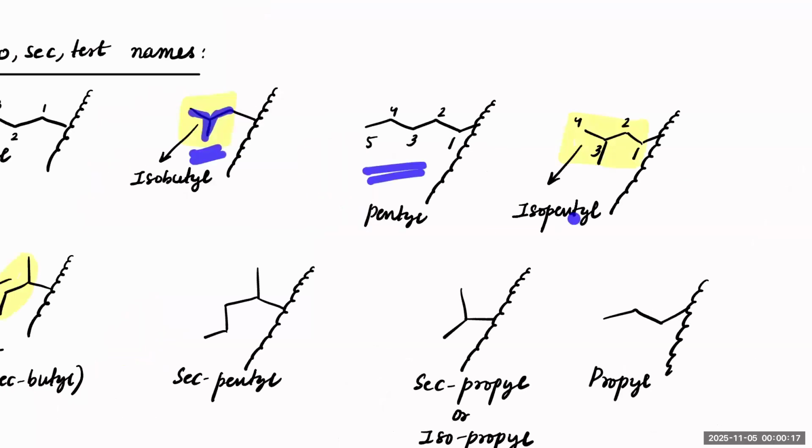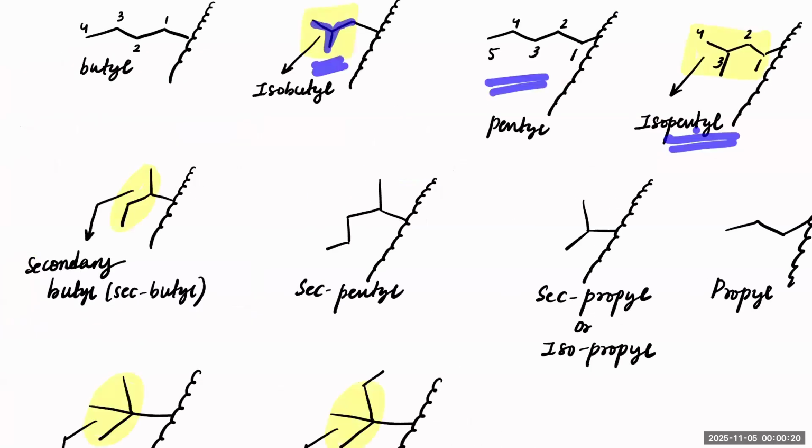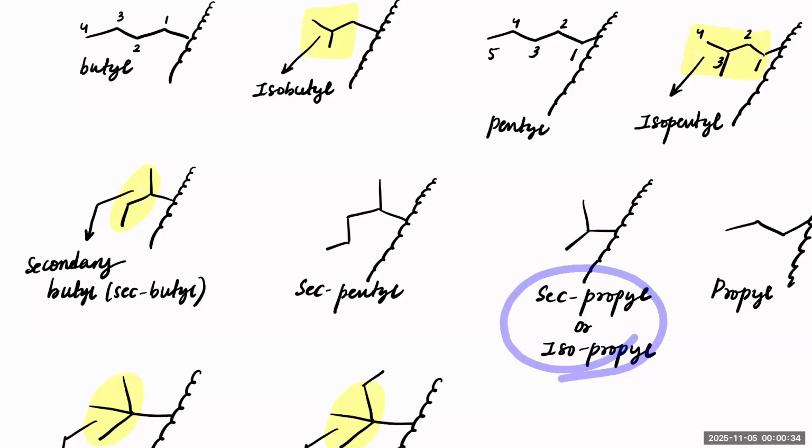This one is isopentyl. Next we have secondary butyl here. So we can call it 2-degree butyl. Here it is 2-degree pentyl, and it is secondary propyl, or you can also call it isopropyl in this case.